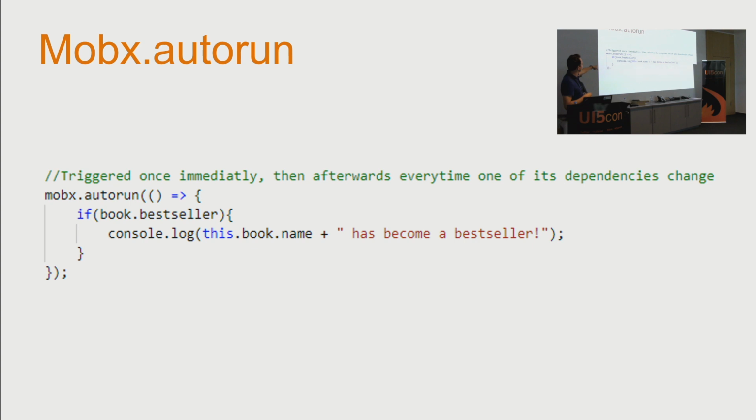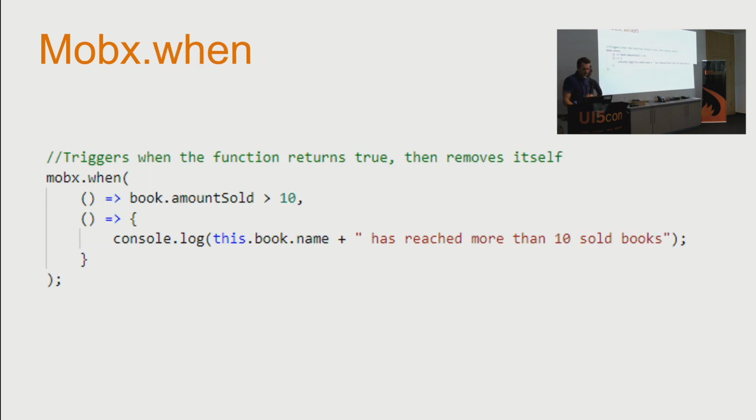So if this code is run, then the first time it's triggered, the console would log a statement. And afterwards, every time the bestseller changes, or in this case also because I use the book name in the console log, if the book name changes, then the autorun gets triggered again. But you will see that in a minute, how it works.